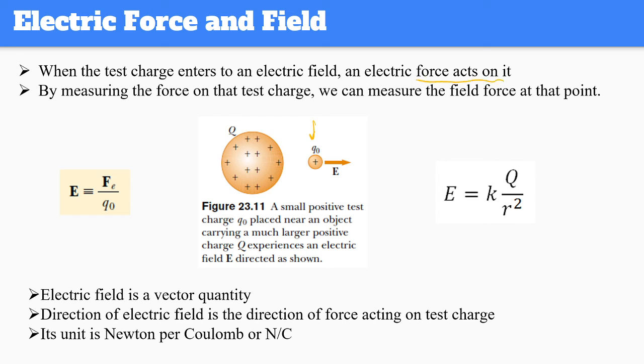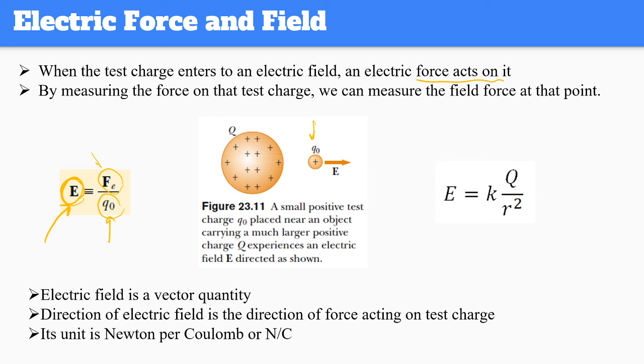The measurement of electric field is basically how much force you have on that charge. So force per unit charge or point charge is going to be the value for the electric field.